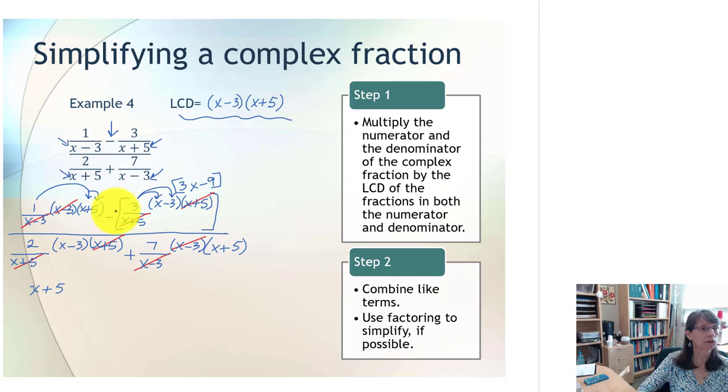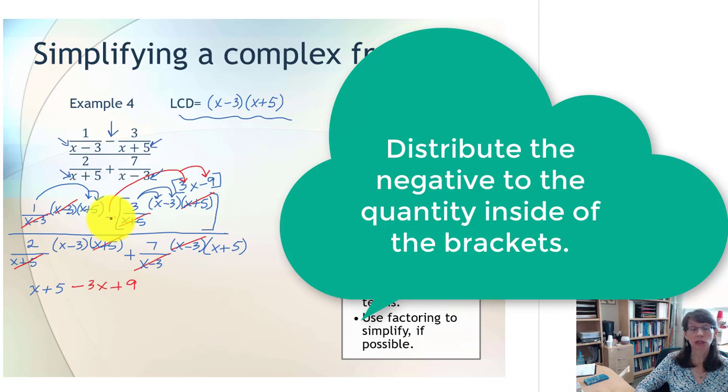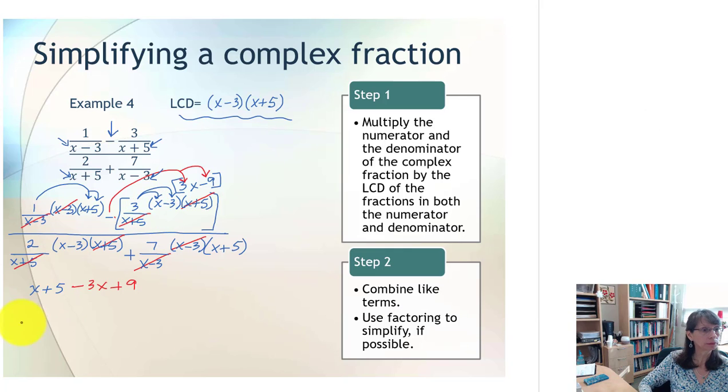So I have to remember that the negative will distribute now to each term in that bracket. So 3x is now negative 3x, and negative multiplied by negative 9 becomes positive 9. So that is the crucial step right there. When you have subtraction, don't forget to distribute the negative to any terms remaining in the bracket.